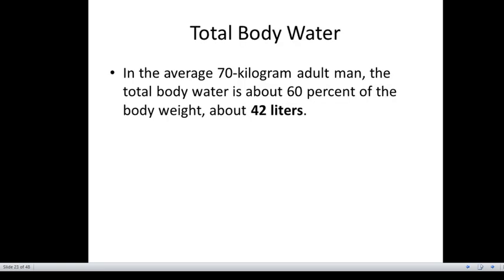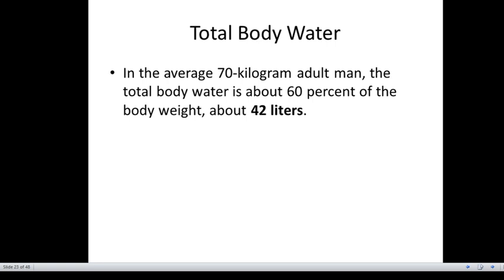Total body water. In the average 70 kilogram adult man, the total body water is about 60% of the body weight, that is about 42 liters. This percentage depends upon age, gender, and degree of obesity.